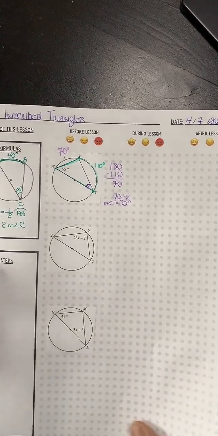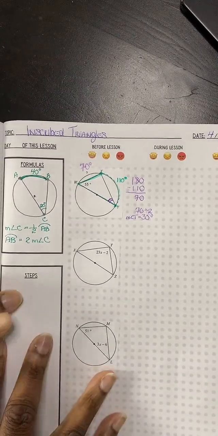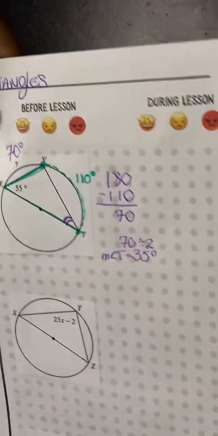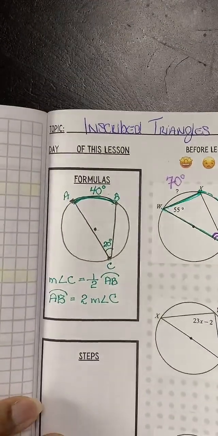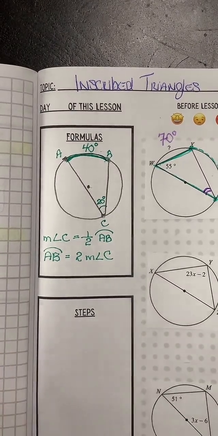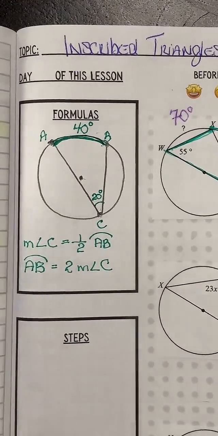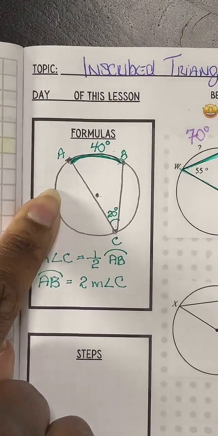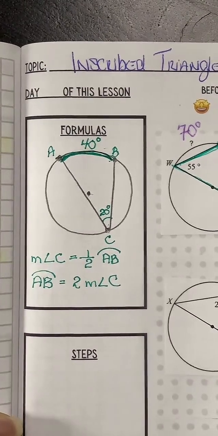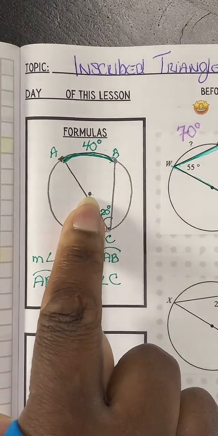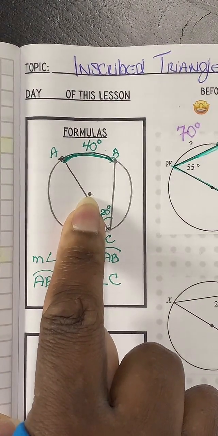So where we left off, just a quick review. We were talking about inscribed triangles, but we were really looking at the inscribed angles. Inscribed angles are different from central angles. Central angles are when your vertex is at the center of your circle.